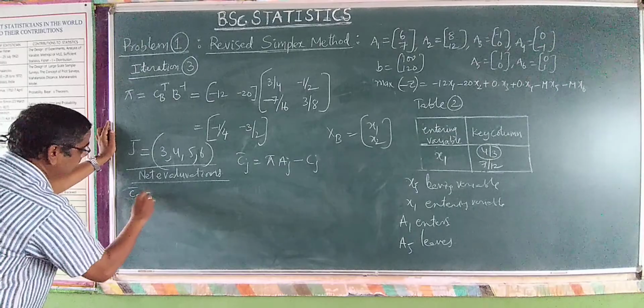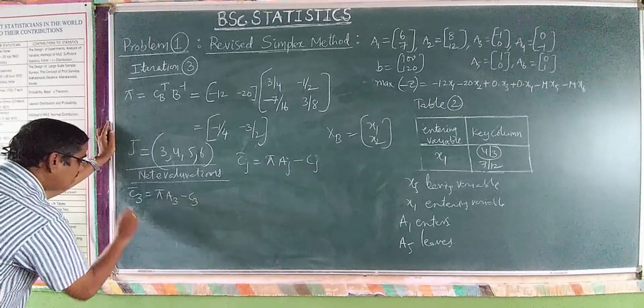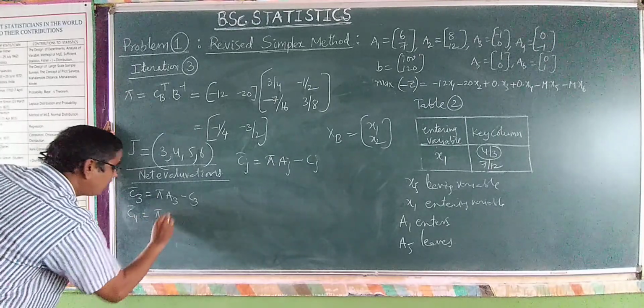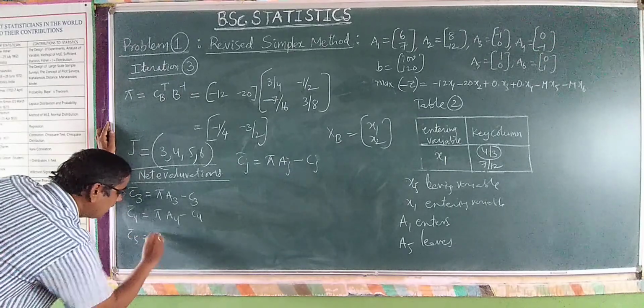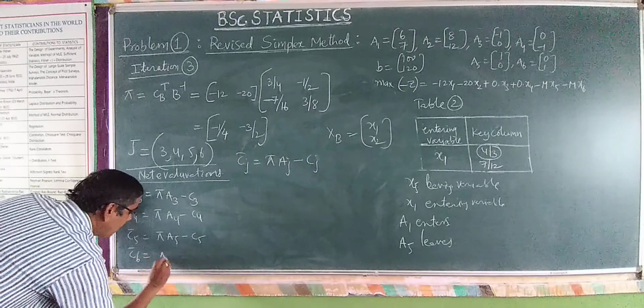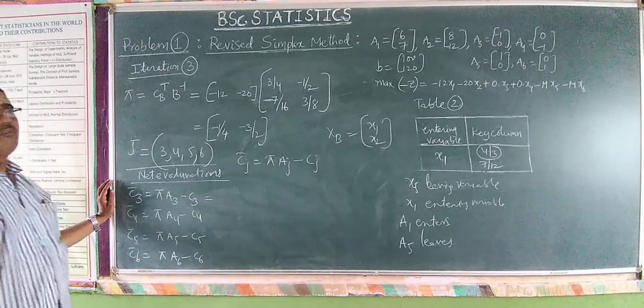So C bar 3 is pi A3 minus C3, C bar 4 is pi A4 minus C4, C bar 5 is pi A5 minus C5, and C bar 6 is pi A6 minus C6. These are the values. What is pi?